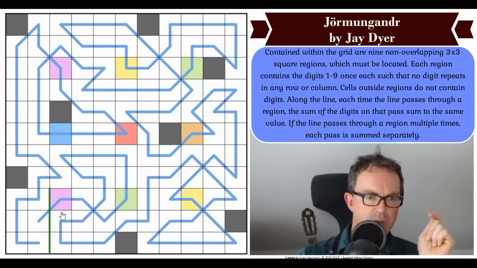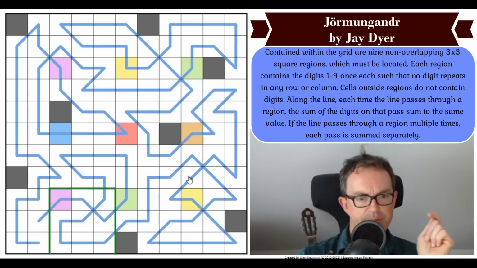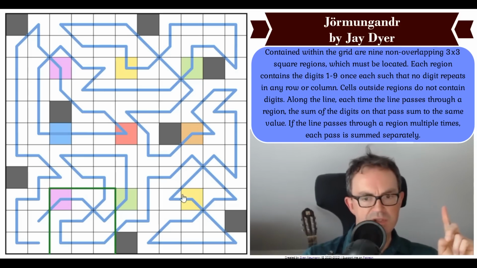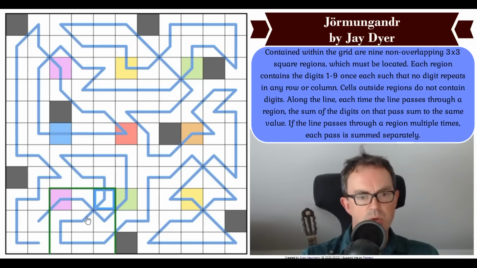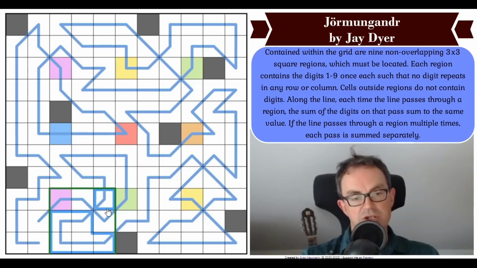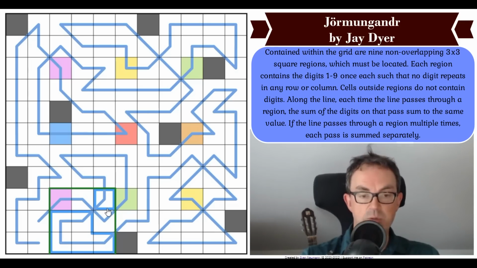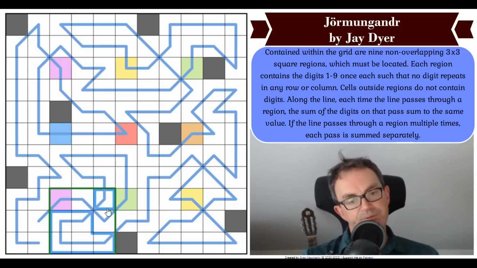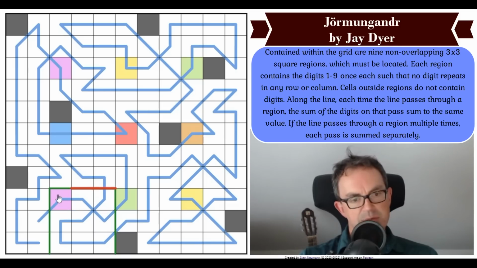Could that be a box? I want to say no, because a box of this nature, with 6 different digits in a Sudoku, would add up to at least 21, the triangular number for 6, 1 plus 2 plus 3 plus 4 plus 5 plus 6. So this couldn't be a 3x3 box in this puzzle.